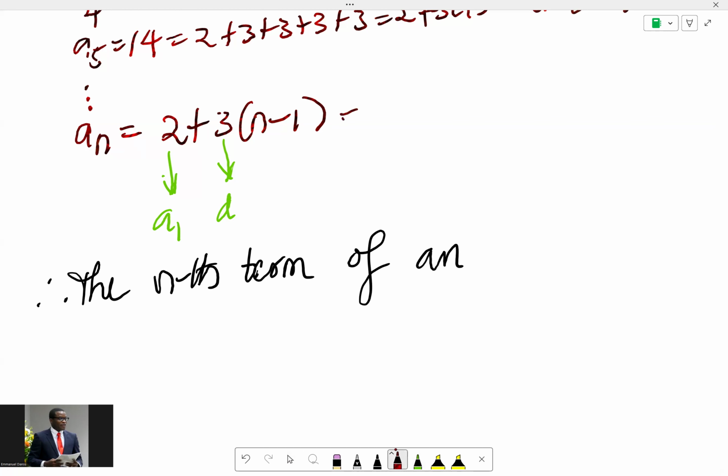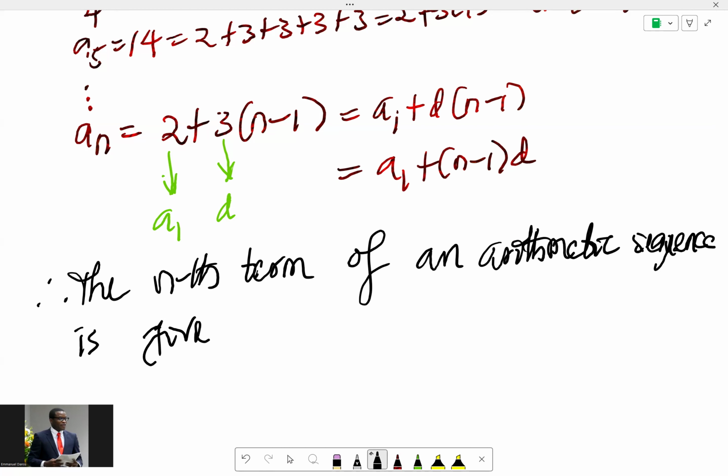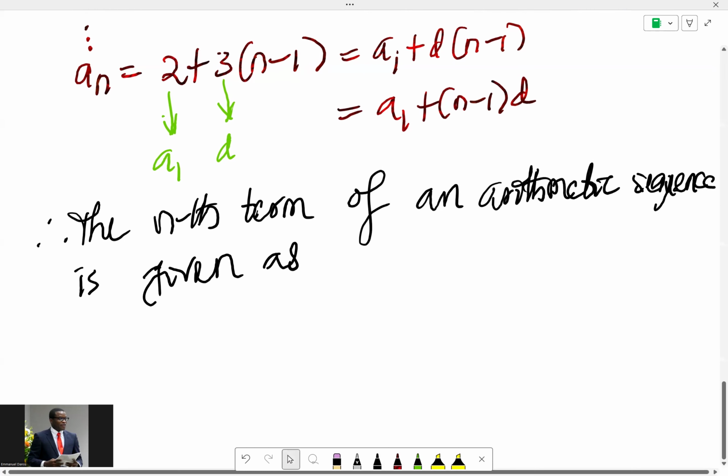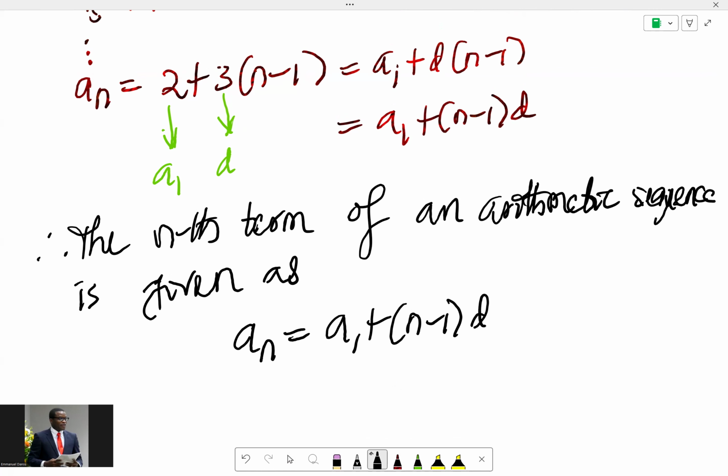This simply means we have the first term plus the common difference multiplied by n minus 1, which is the same thing as a1 plus n minus 1 times the common difference. So we can say, therefore, the nth term of an arithmetic sequence is given as an equals the first term a1 plus n minus 1 multiplied by the common difference.